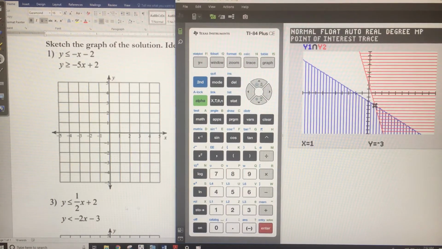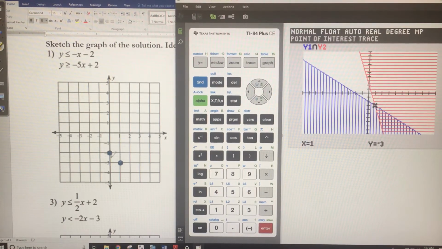In our case, it's 1, negative 3. So let's start by drawing 1, negative 3. Now, where is the y-intercept for the first graph? It's at negative 2.